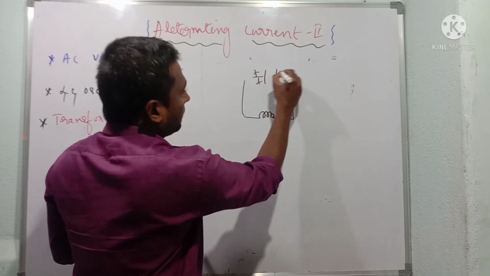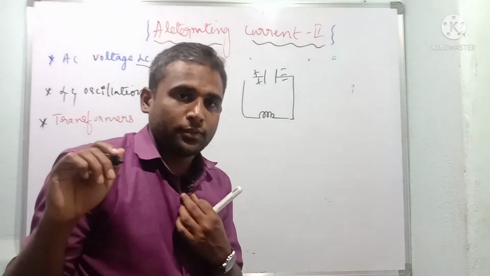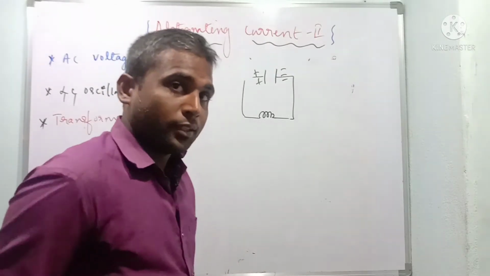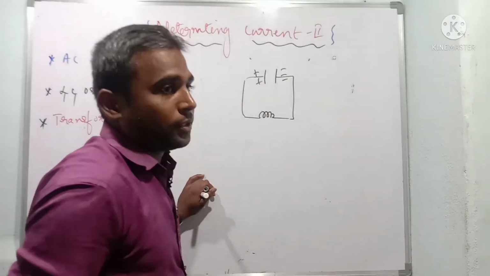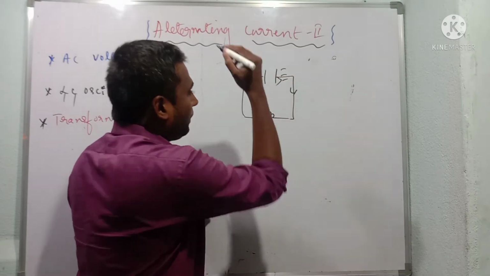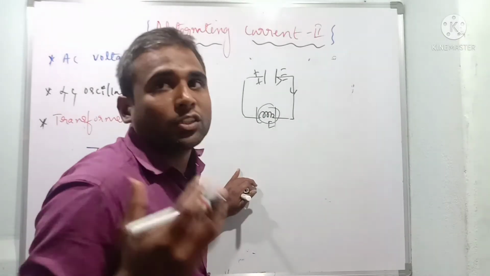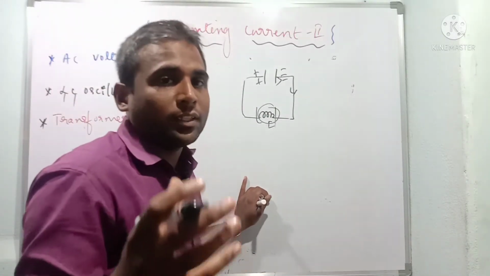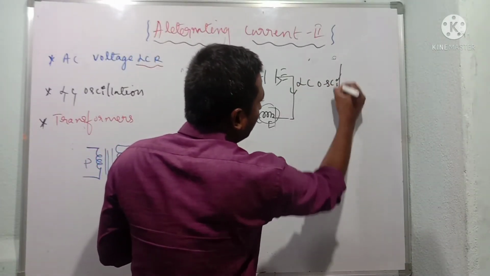Now you know that capacitor is going to store the electrical energy. Now here this capacitor is going to be discharged to the inductor. So then what happens here? Then we are going to find here electrical oscillations, and this electrical oscillation is nothing but LC oscillations.